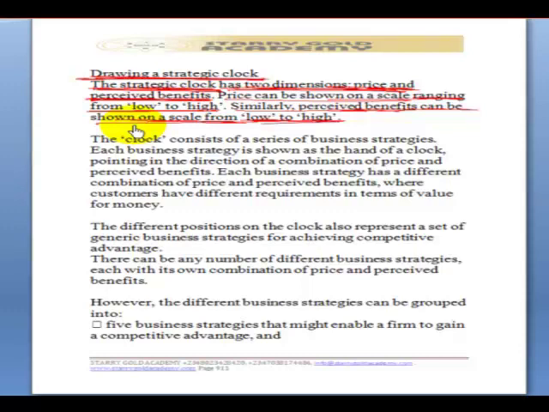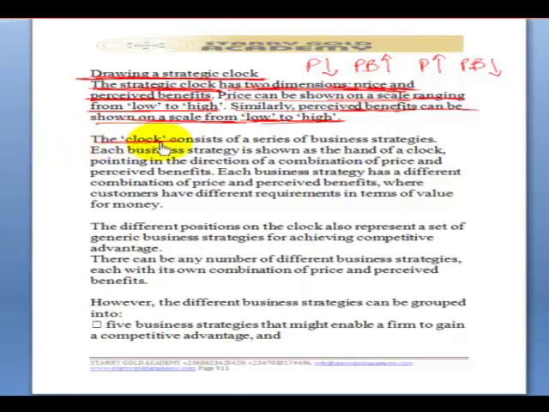Or better still, we can state that there is a negative or inverse relationship between the price and perceived benefit, such that when the price reduces, perceived benefit will increase, and when the price increases, then perceived benefit will reduce. This goes to tell us that there is no positive or direct relationship. Rather, we have a negative or inverse relationship between price and perceived benefit, which are regarded as the two basic components or dimensions of strategic clock.